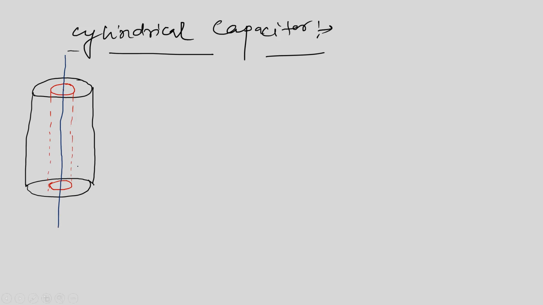This line is used for the measurement of the radius of the base of the cylinder. Now, I have given a charge of plus Q to the inner cylinder. This is my inner cylinder, so I have given a charge of plus Q on its surface.